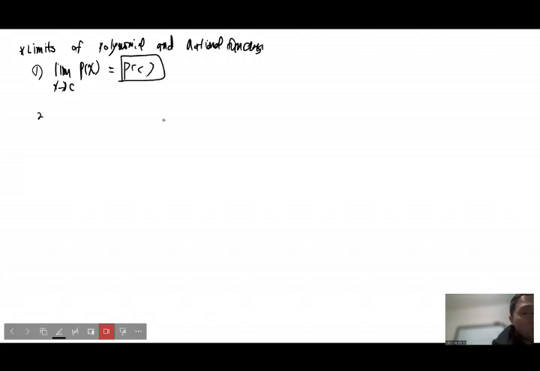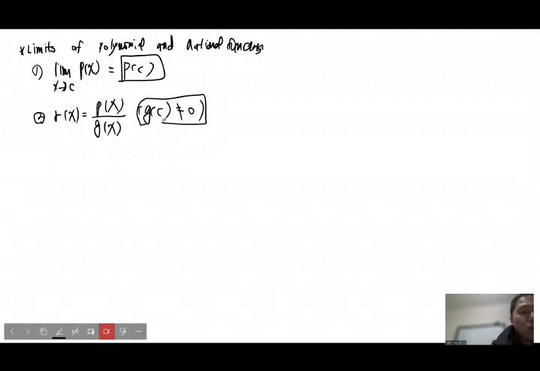And number 2, if there's a rational function inside the limit, which is expressed with p(x) and g(x), here g(c) is not equal to 0. Otherwise g(x) becomes 0, which makes this r(x) function go to infinity, so there's no solution.